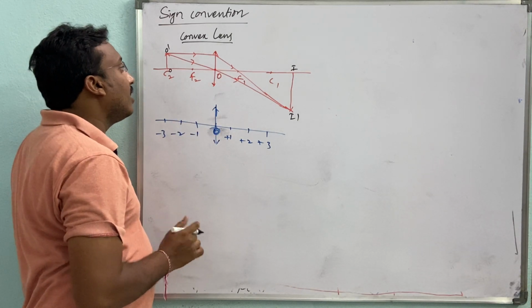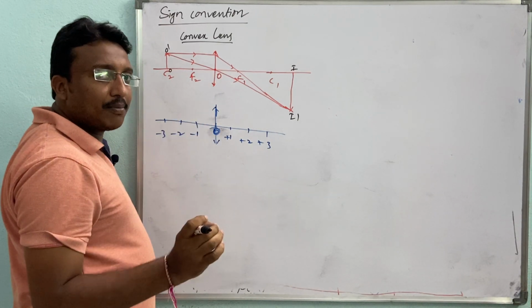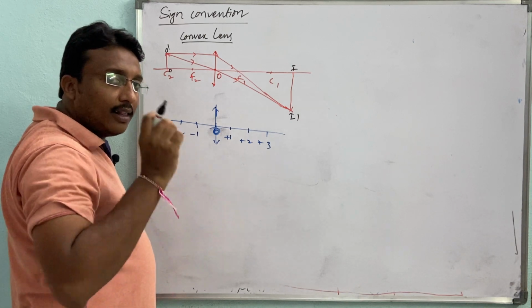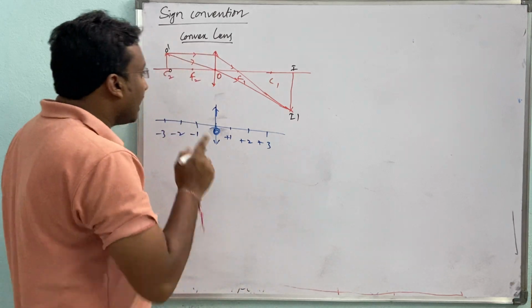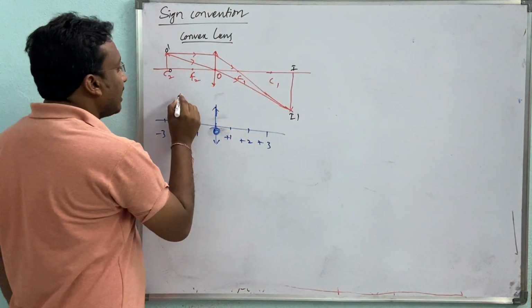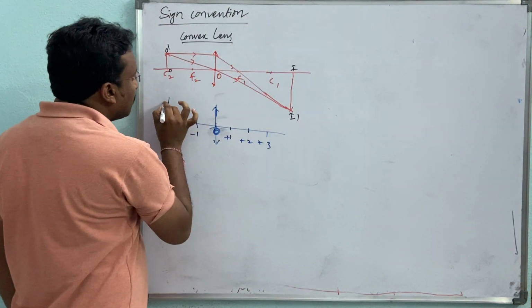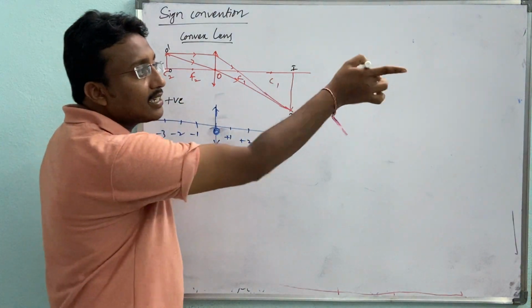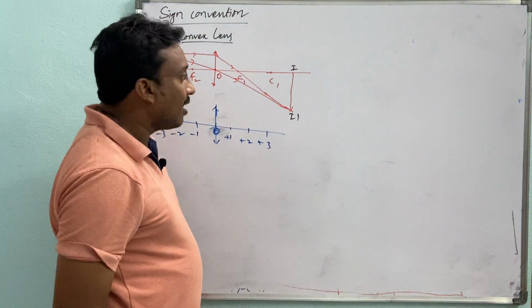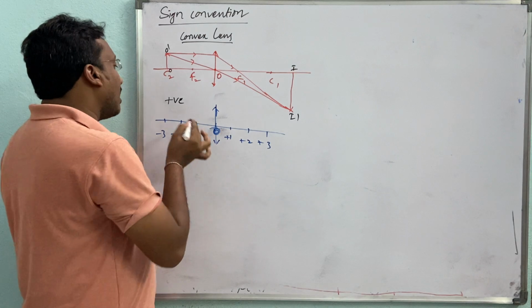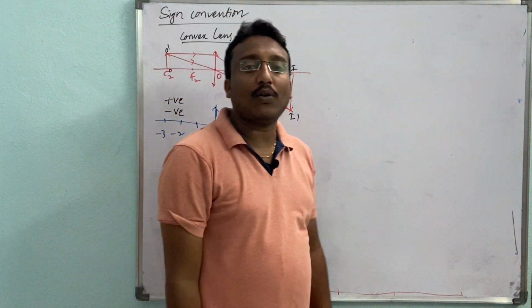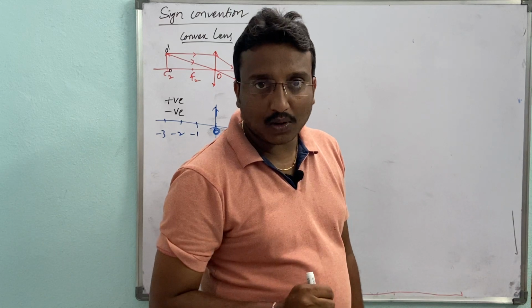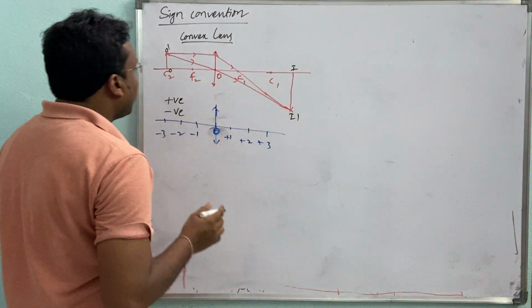Second rule, our measurement in the direction of the incident ray we have to take positive. In the opposite direction of the incident ray, we have to take negative. Got it? Right.